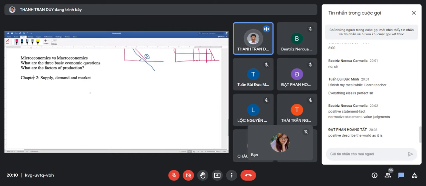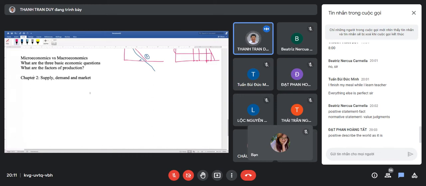When we talk about determinants of demand, we have two types of determinants. The first type we call price determinants, and the price determinants cause a move along the demand curve, which may increase or decrease quantity demanded.